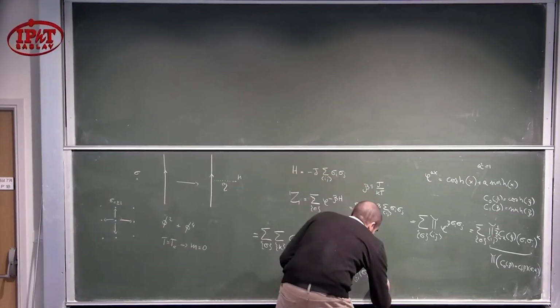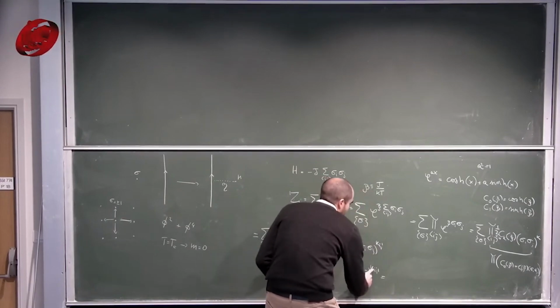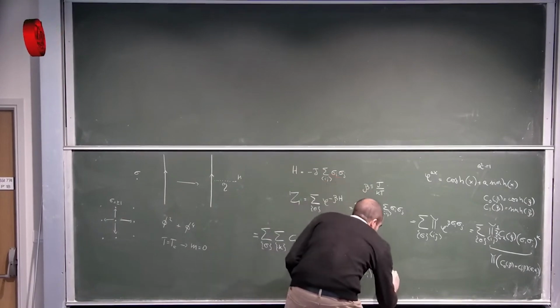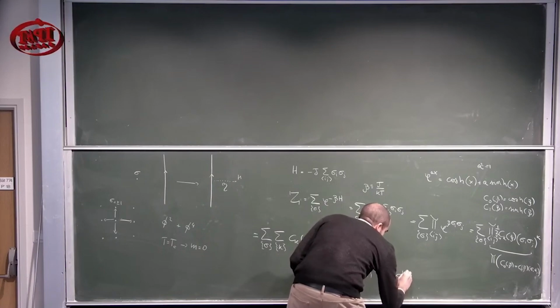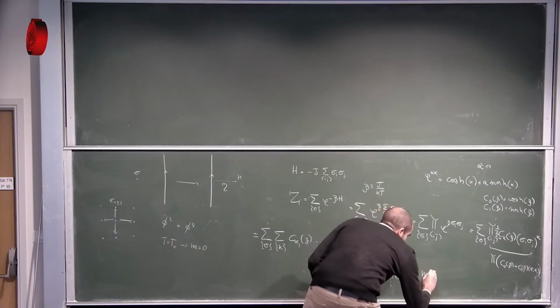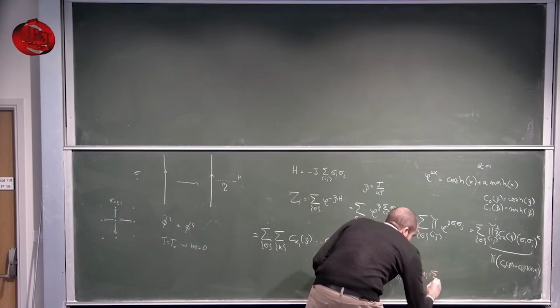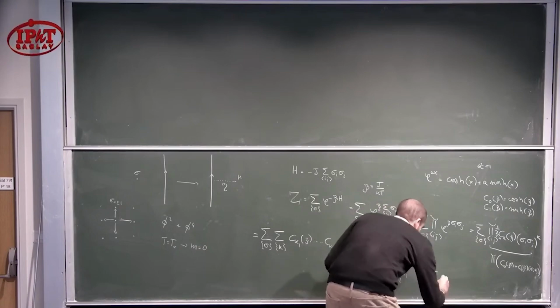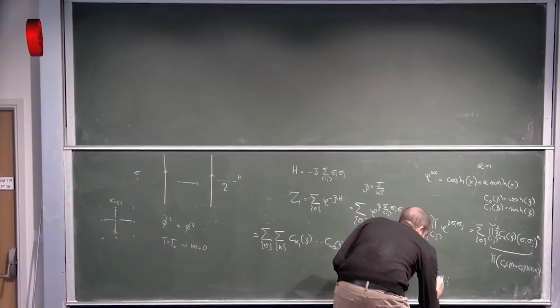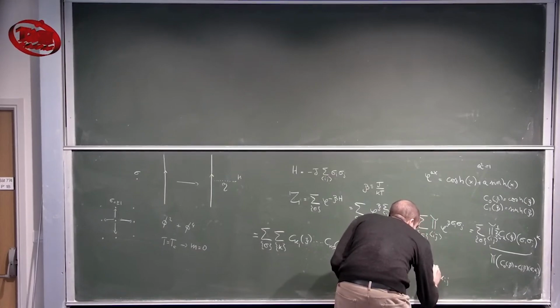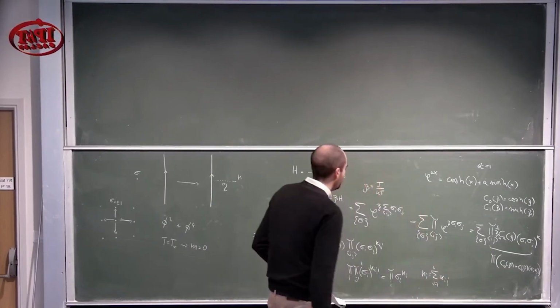And finally, this product over J prime becomes just a sum at the exponent. So this is a product over I of sigma I to some power, where this power is just the sum of this kappa for all the nearest neighbors of this point I. So it's a sum over 4 terms.